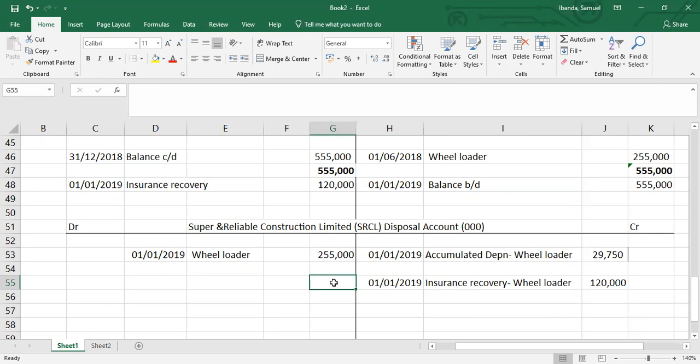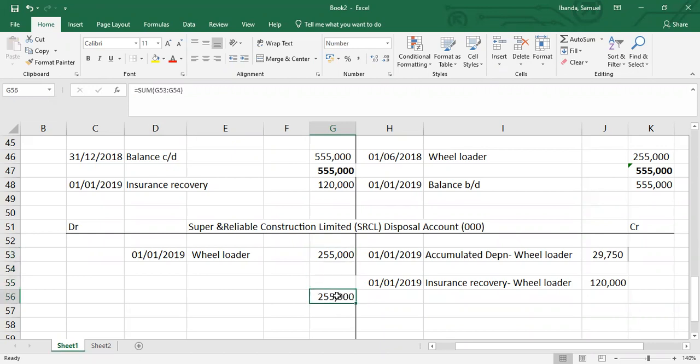Now this account is going to help us, of course, balance off the amount that is going to be written off, which is basically our loss on disposal. So when I try to total the two sides, of course, this side is higher and it has 225.